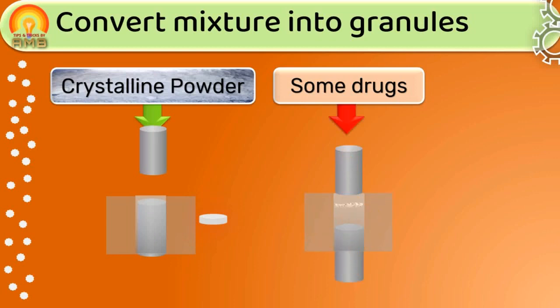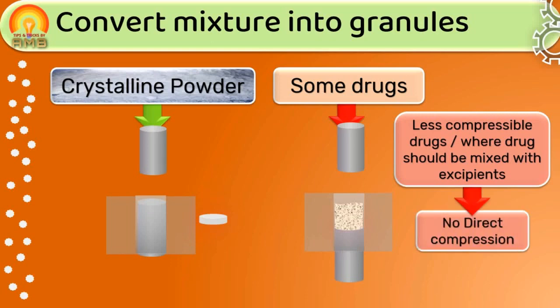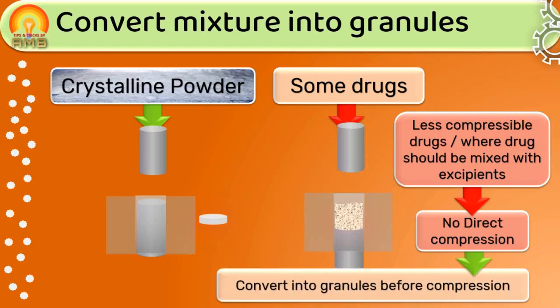Such less compressible drugs, or where drugs should be mixed with the excipients, powder mixture cannot be compressed directly. Such powder mixture should be compressed after converting them into bunches or agglomerates of powders, which are called as granules. So granules are the agglomerates or bunches of the powders.